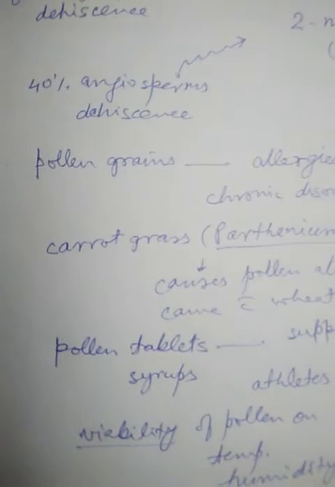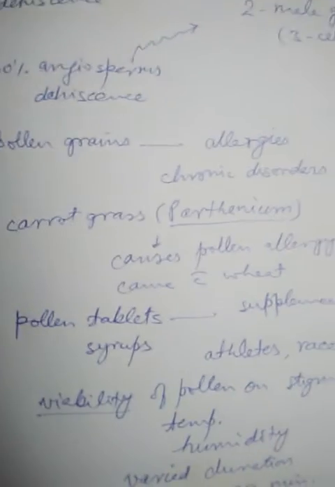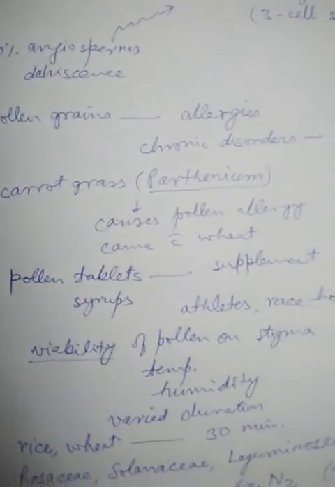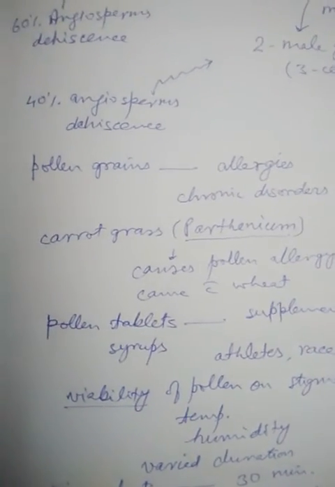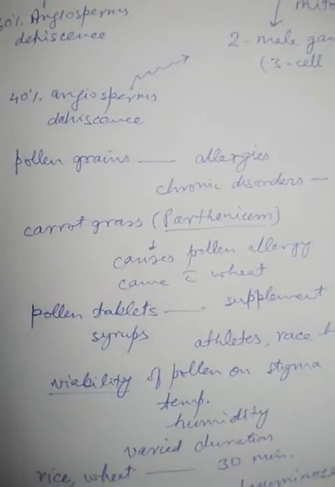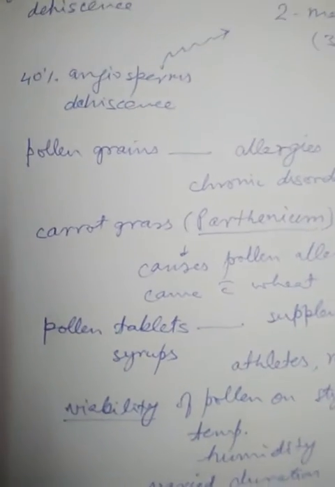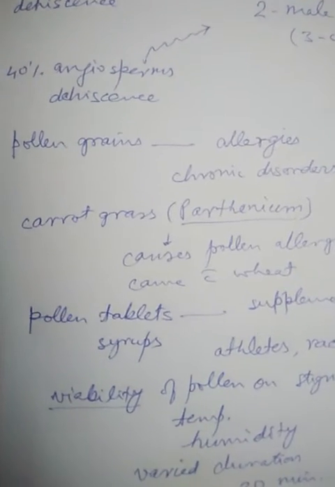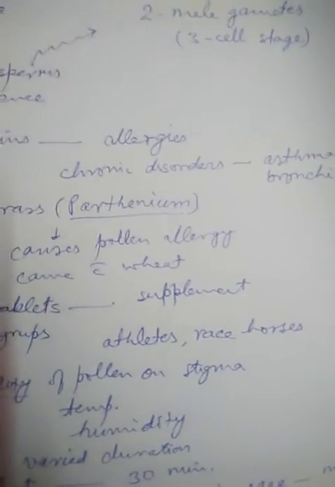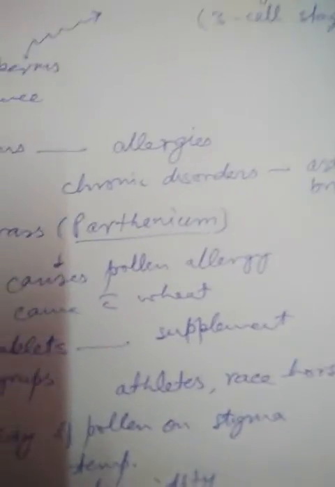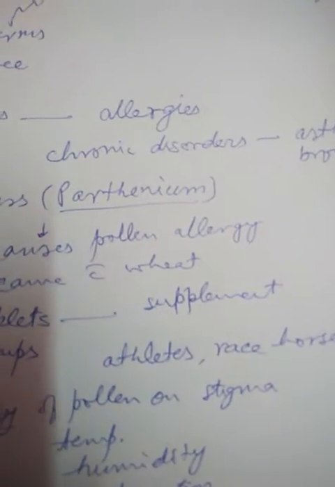So because of this abundant food reserve in the pollen grains, this is also a very good source of nutrients, and that is why in many developed countries pollen tablets or pollen syrups are used as food supplements, or as nutrients for many people. Okay, many athletes or race horses are fed some pollen materials to get a lot of good nutrients.